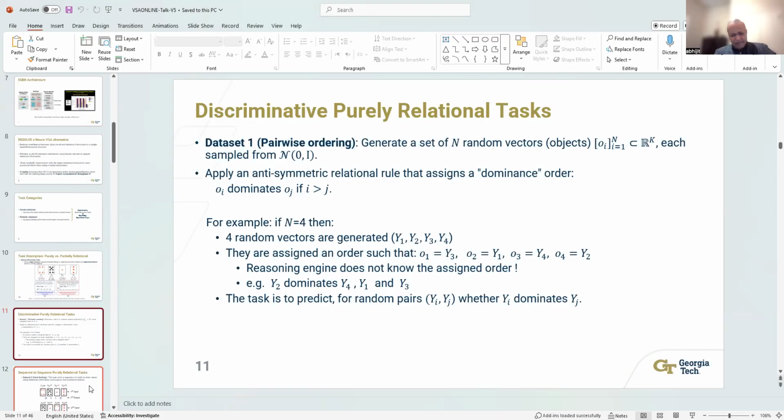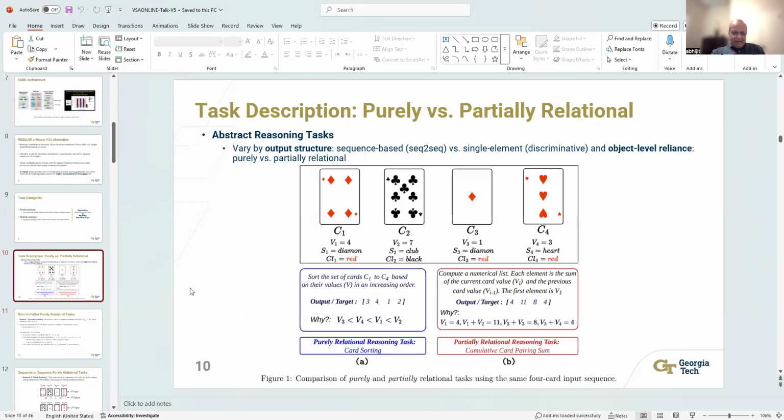So I think, Mohamed, can you go back to the last slide? I just want to say one thing in this example. You're probably thinking, how does this thing work? The way the system is trained is you give it 4 cards.